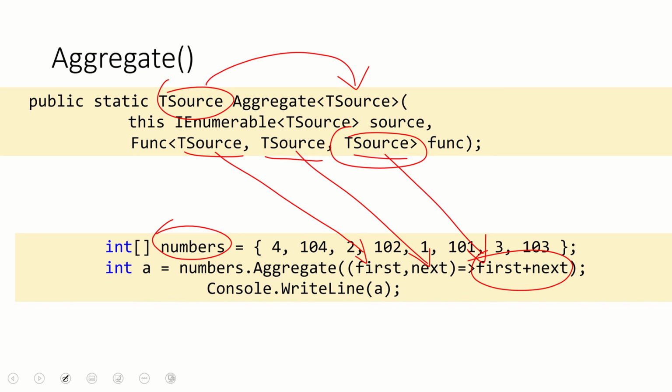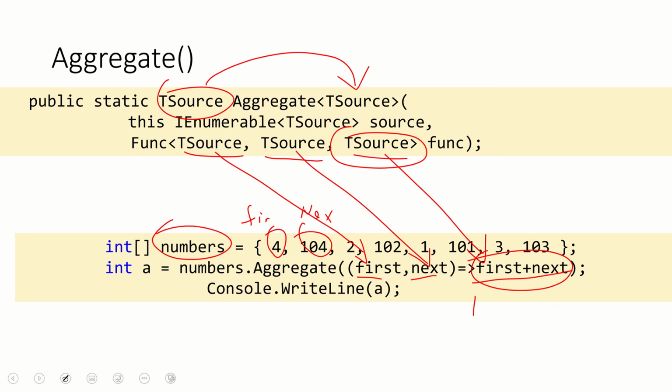If you go back to the definition, it will do accumulation. What does that mean? It means it will check the first one with the second one. At this time, this is first, this is next. So the first one and the next one, they plus them together.